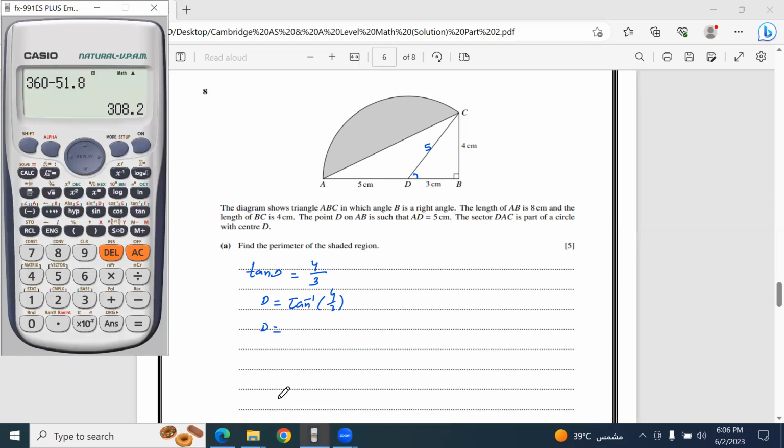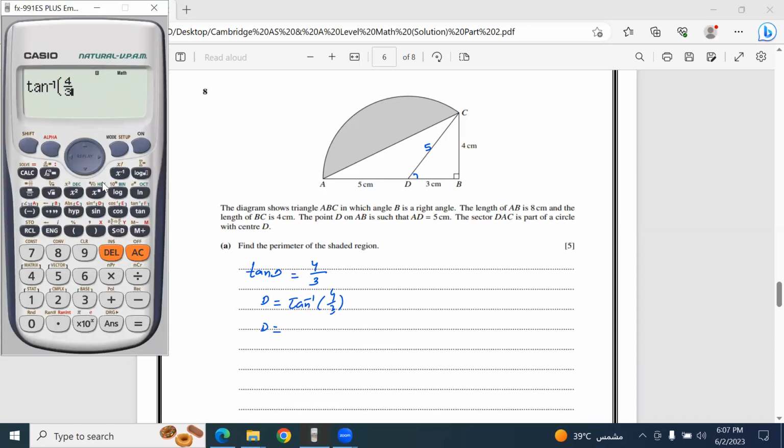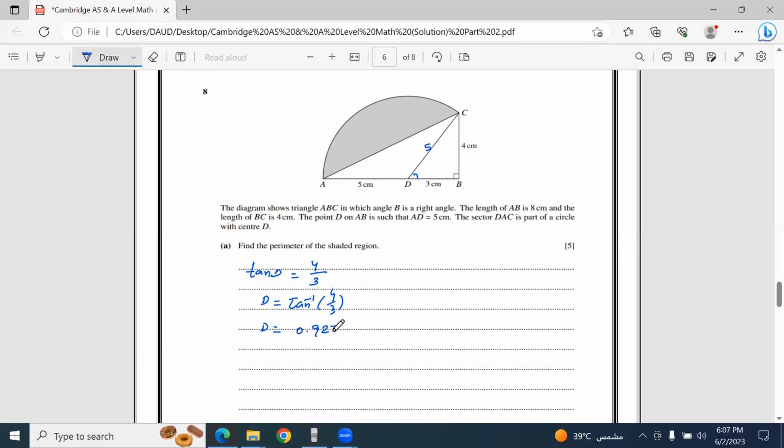We'll check all these answers in radians. Shift tan inverse 4 over 3 gives me 0.927.